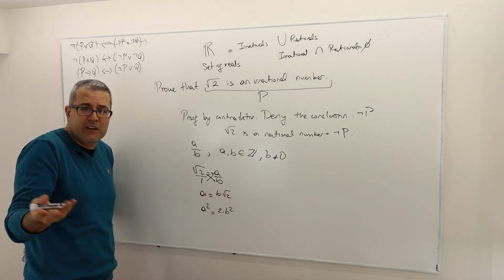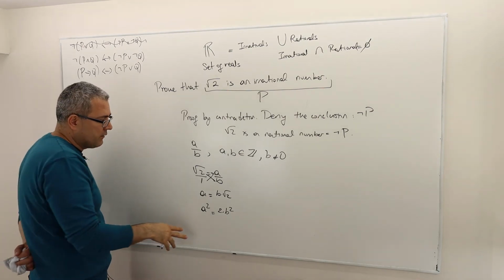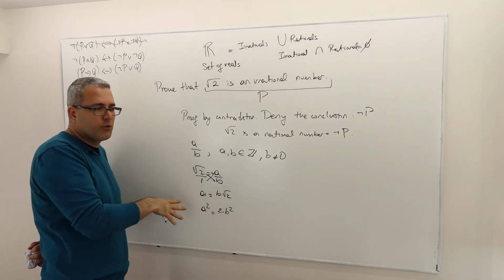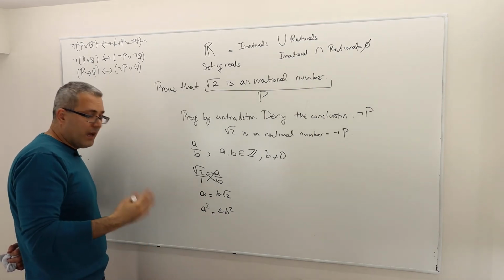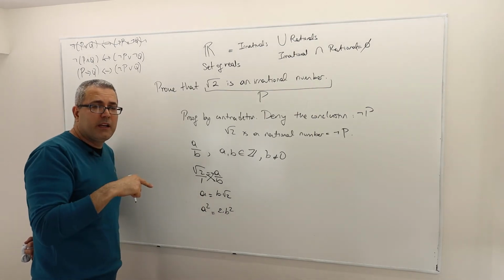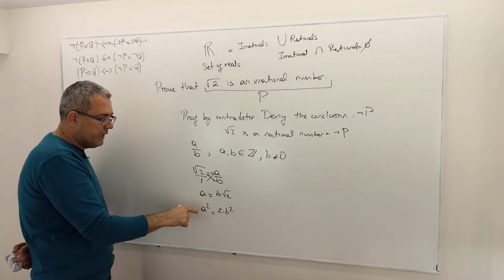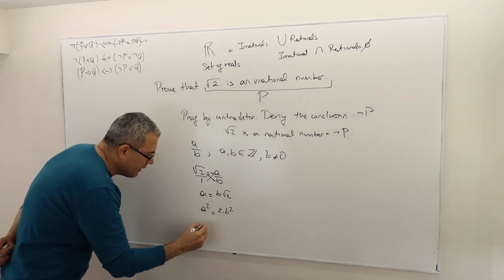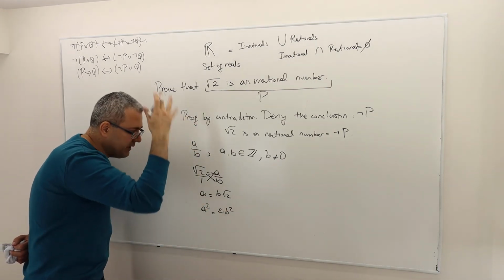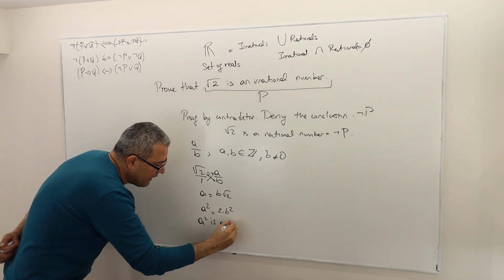This is another inference rule, or premise if you like, but I prefer to call it an inference rule. Now I'm going to use another premise. If A square is equal to 2 times B square, that means A square is an even number.